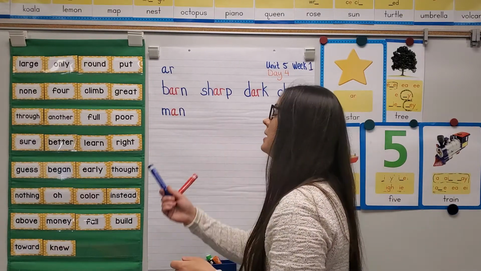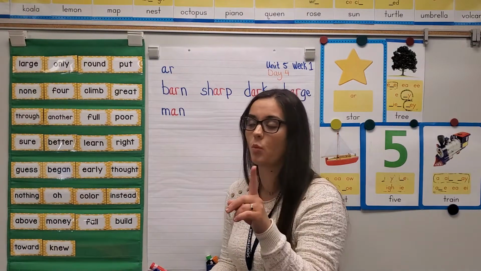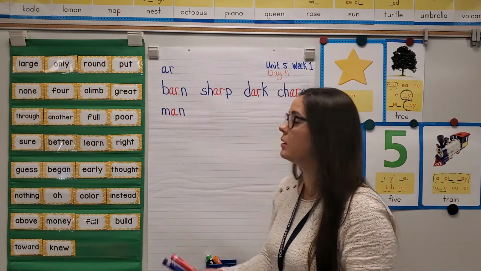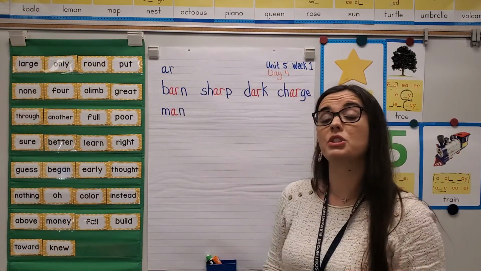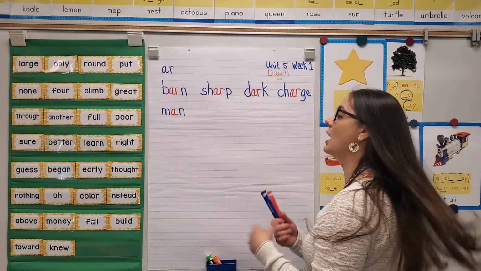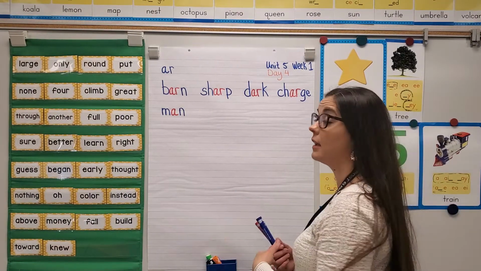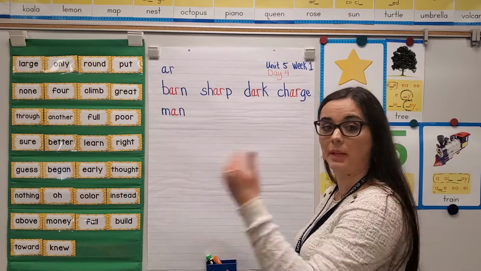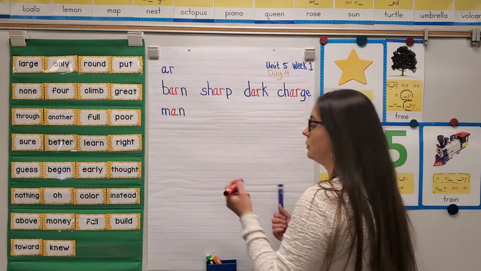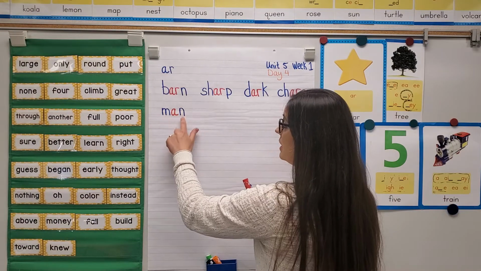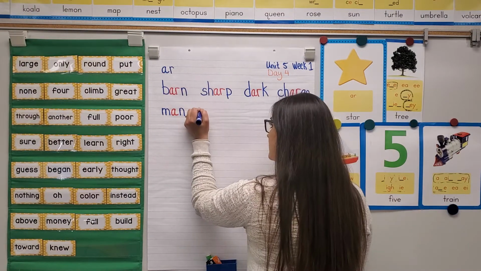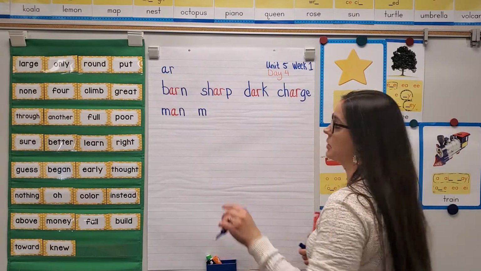So we know that man is just one man, one person. And if I want to talk about more than one man, I'm going to use the word men. I'm not going to use the word mans to make it plural. If I want to talk about more than one man, it becomes the word men. So you still hear and but the vowel in the middle changes. That's a super important thing to remember.